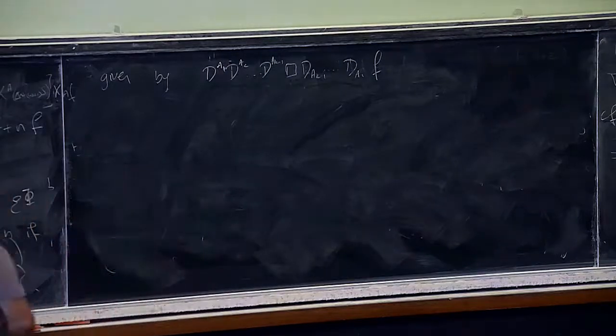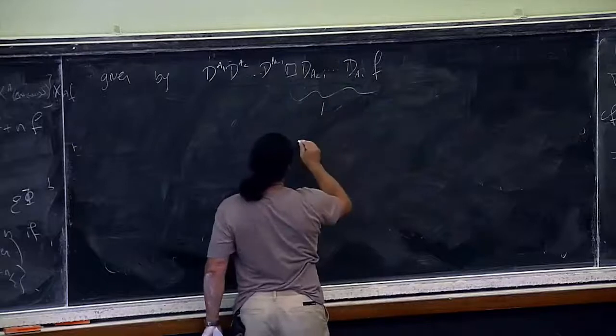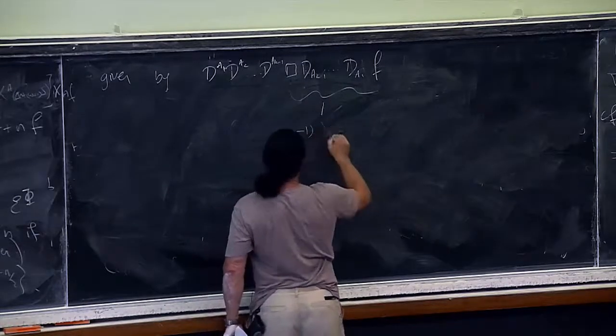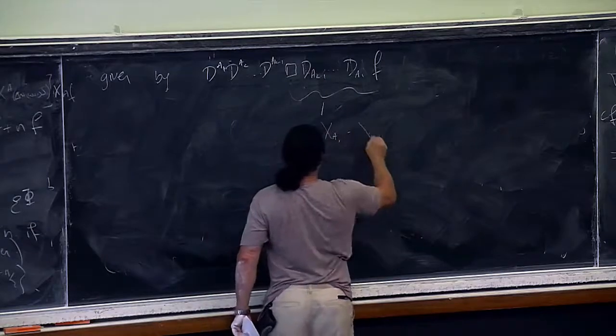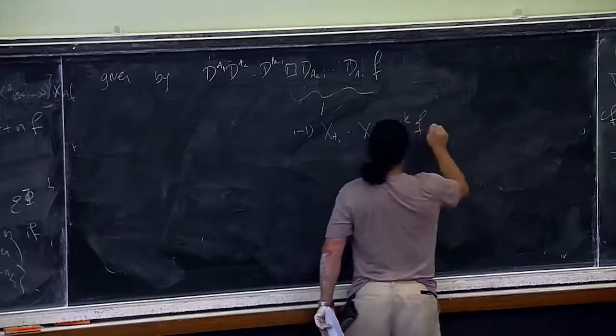And the reason that you know you get something non-zero is you repeatedly use this to pick off the highest order term. And you can see that given this thing here, because the leading term of this bit, it's easy to see from the formula for the tractor derivative, is some minus 1 to some sign, and then xa1 up to xak minus 1 times Laplacian to the kf plus.